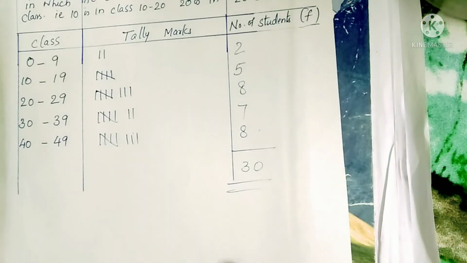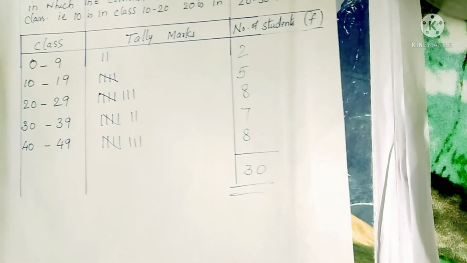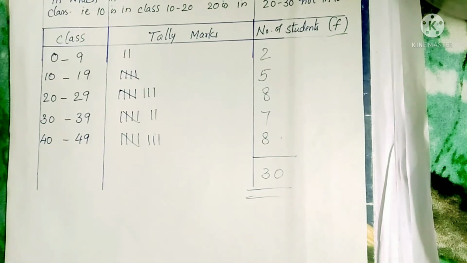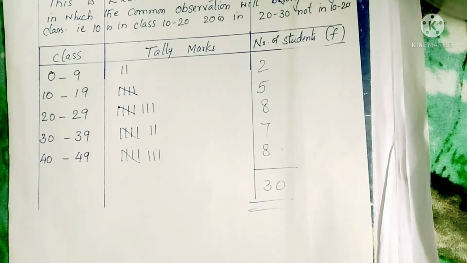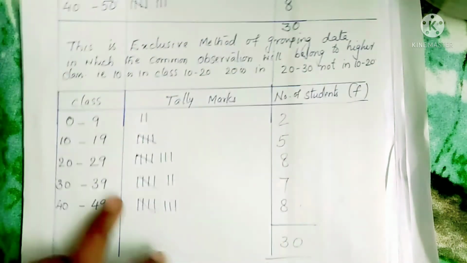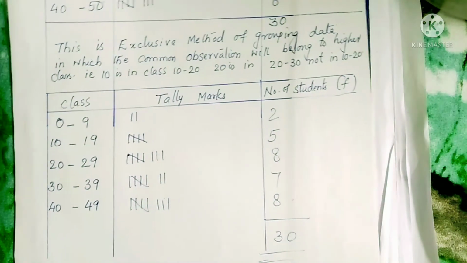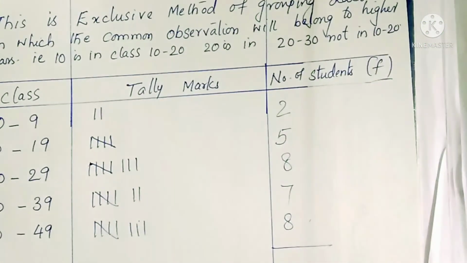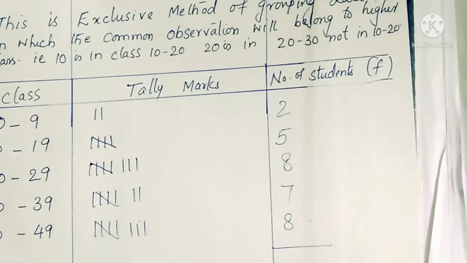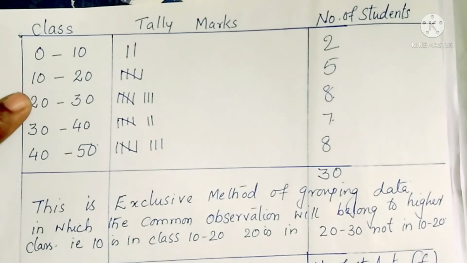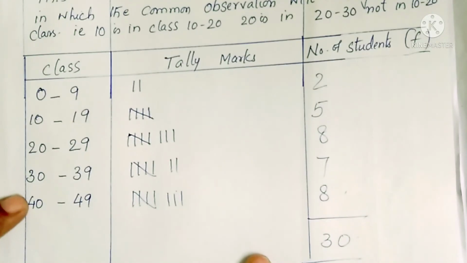Okay, so this is how we make grouped distribution table. Okay, these two tables, both of them are called grouped distribution table. So one is exclusive method of grouping and this is inclusive method of grouping.